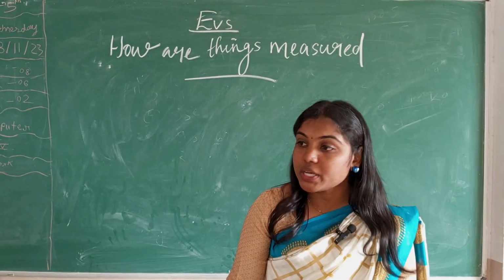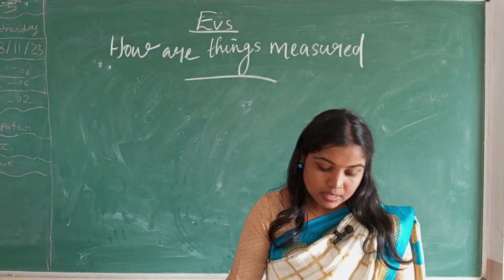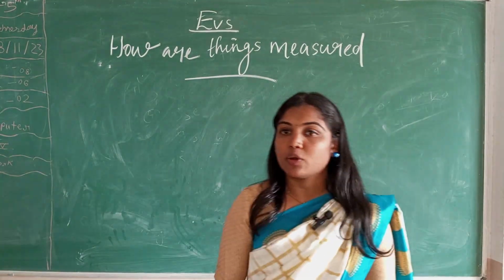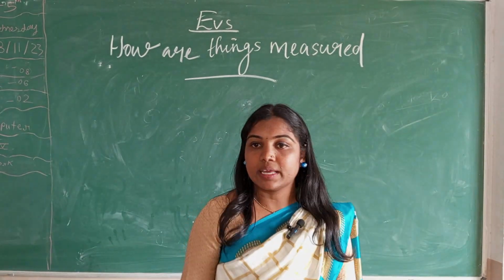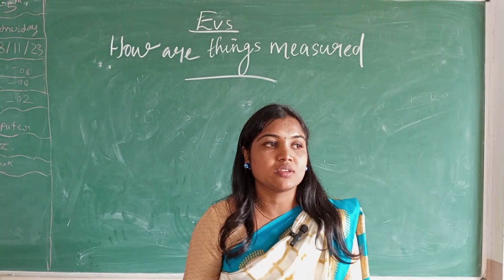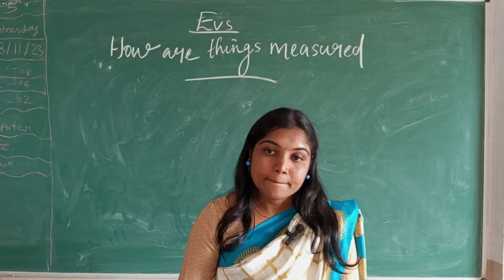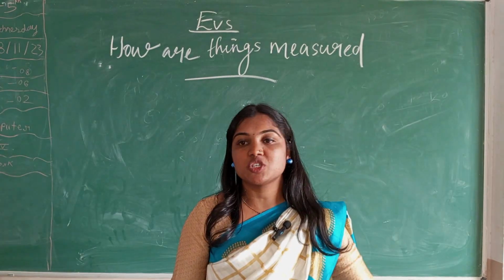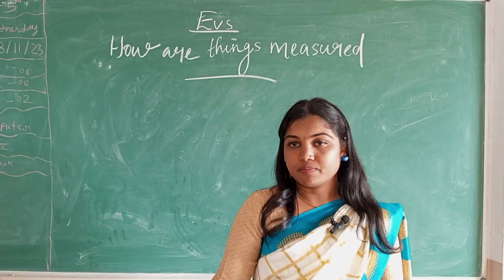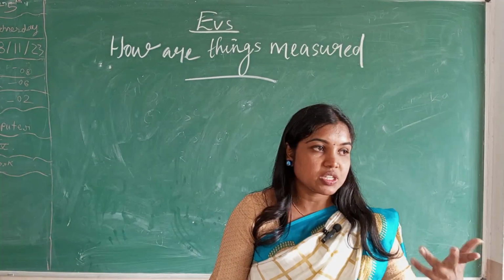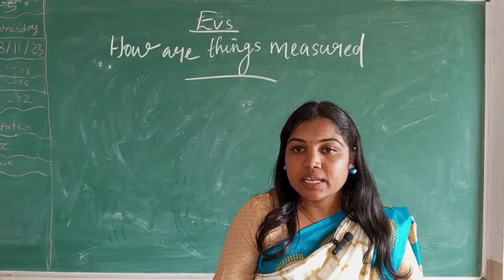We need to measure many things in our daily life, is it right? Yes, ma'am. Yes, like length of a cloth. When we go to the tailor, then at that time what does the tailor do? Ma'am, take measure of our height. If you want to stitch a shirt or stitch a pant, then first what will the tailor do?